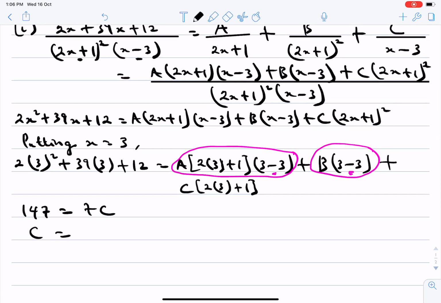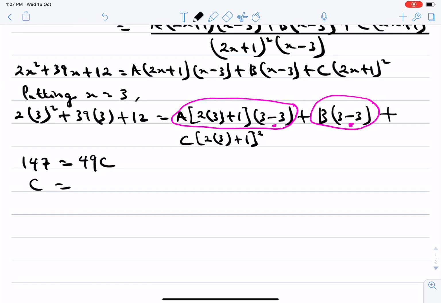Pardon me, this is supposed to be squared. When we put x equals 3 in the identity, the right hand side is c times 2 times 3 plus 1 all squared, and that's 49c. So c is 147 divided by 49, and that's 3. So c is equal to 3.